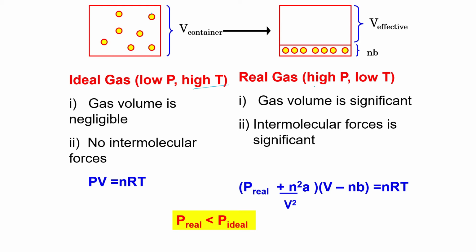Untuk real gas high pressure, bila high pressure nampak dia semakin rapat di sini, and low temperature, dia akan menjadi efektif. Jadi ideal gas volume is negligible, no intermolecular forces. But for real gas, volume is significant, intermolecular force is significant. Thus P real is less than P ideal.